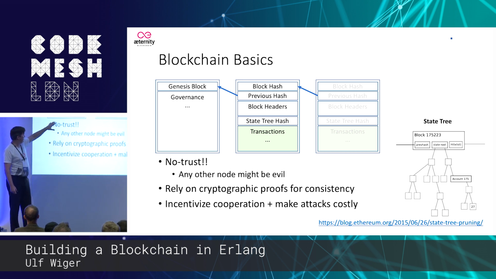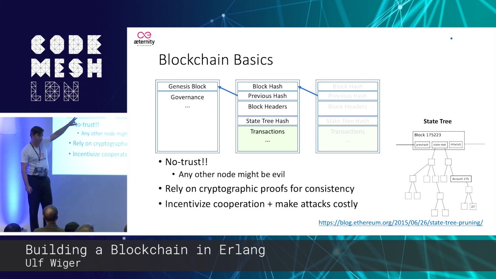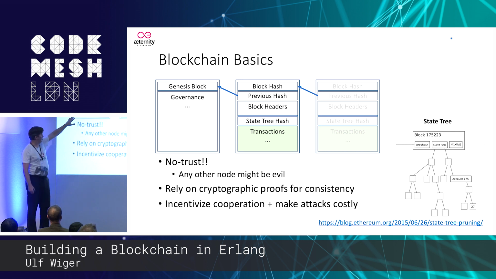And then you have some headers and a state tree. I'll talk a little bit more about that afterwards. And then you hash everything together, and then you get the top hash, and you include in the hash set the previous hash, the hash of the previous block. So that way you can know exactly where that block is in the chain.